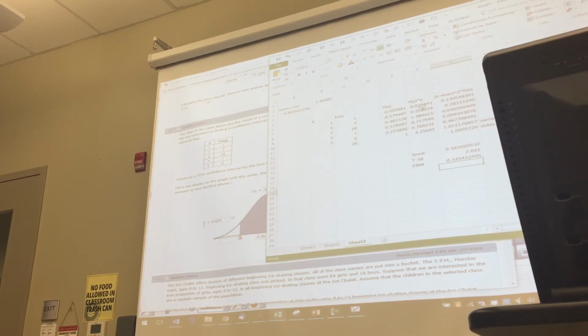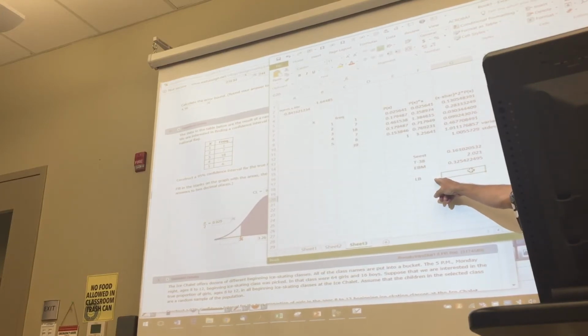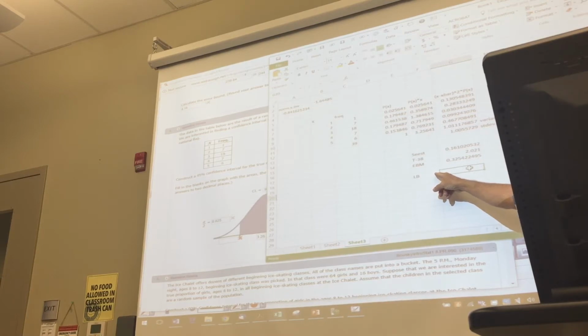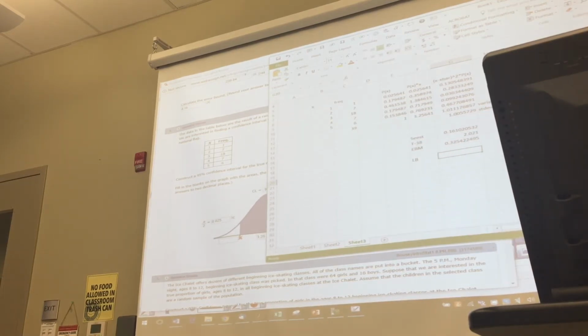And then to get my lower bound, what am I going to do? You take the mean and minus the error bound margin. I take the mean and subtract the error bound margin.